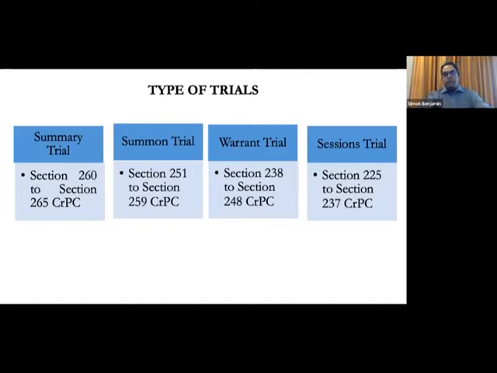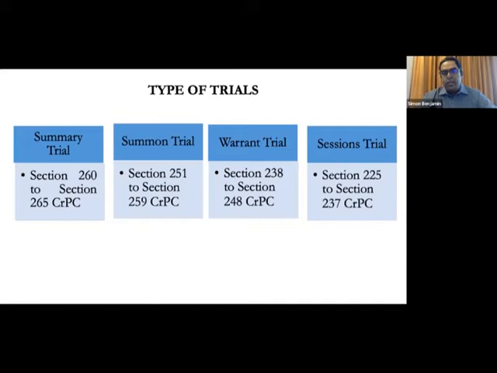Of course, there are these special courts that we also hear about. The special judges are sometimes these additional session judges who are designated as a special court, but they're operating as a magistrate. We can look at the example of the Prevention of Corruption Act. When those cases are dealt with by a special court, by a special judge, that special court is using the powers of a magistrate.